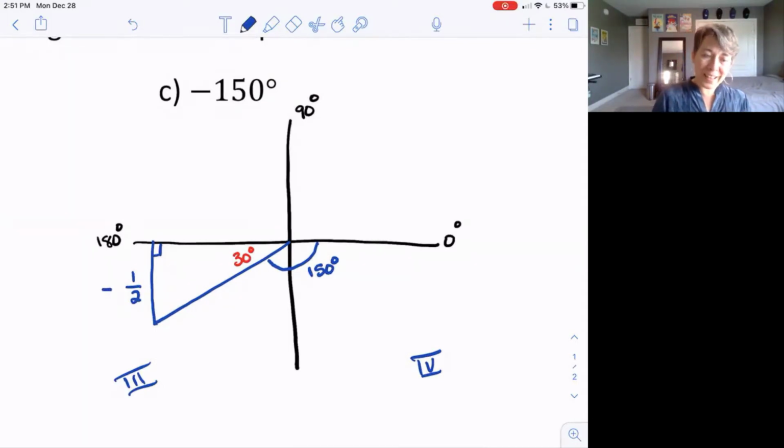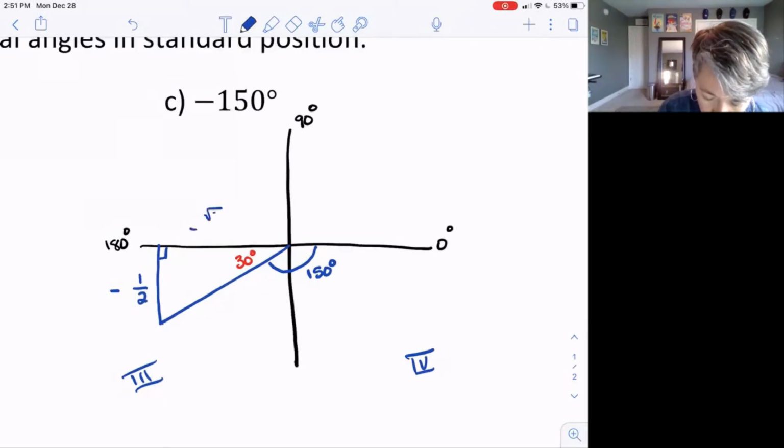But also our x value, which is the longer side here, is also going to be negative. Negative rad 3 over 2. Remember, we're only dealing with a hypotenuse of 1 right now. So this coordinate point for 150 degrees is going to be a negative rad 3 over 2, negative 1/2.